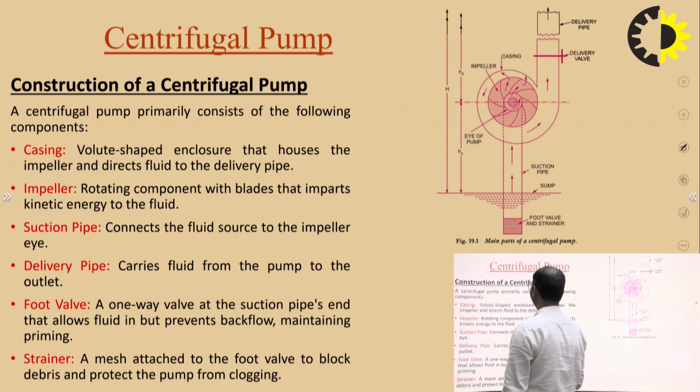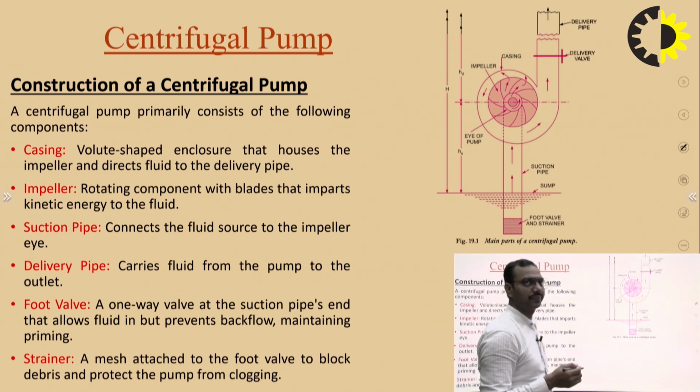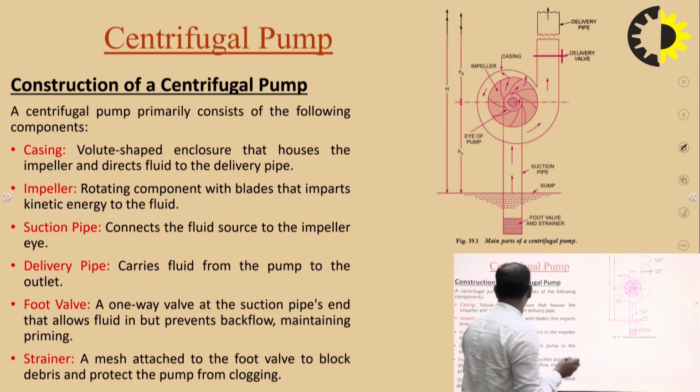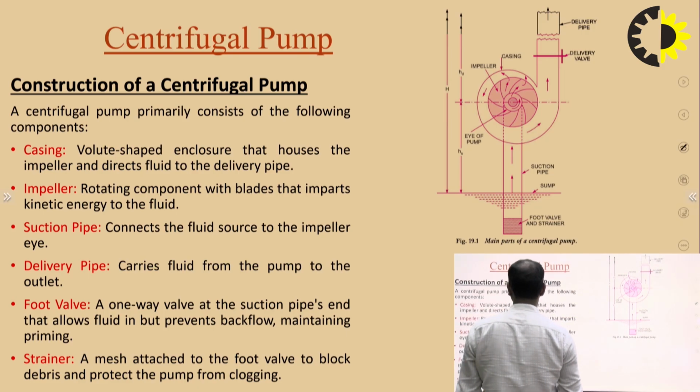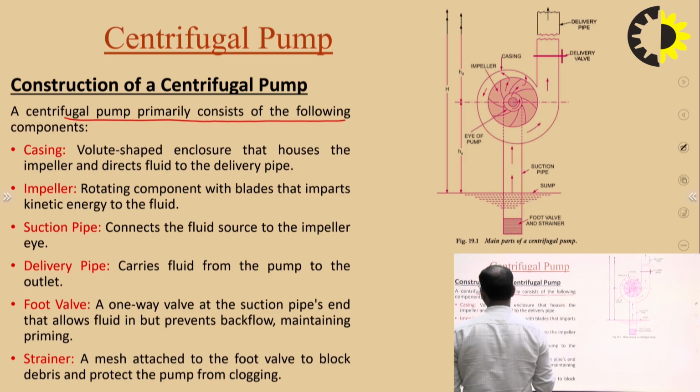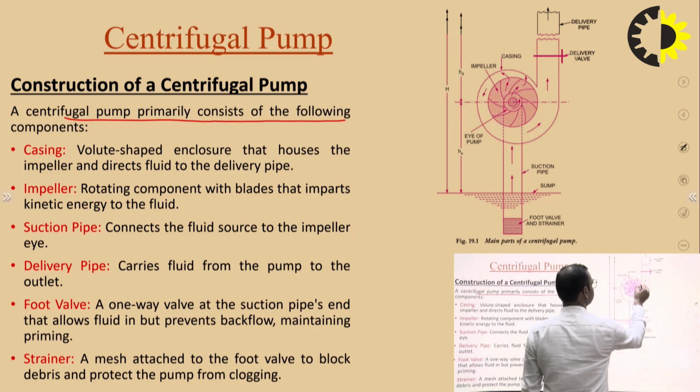Now I will discuss the construction and working of the centrifugal pump. Basically, a centrifugal pump primarily consists of the following components. The first one is the casing.